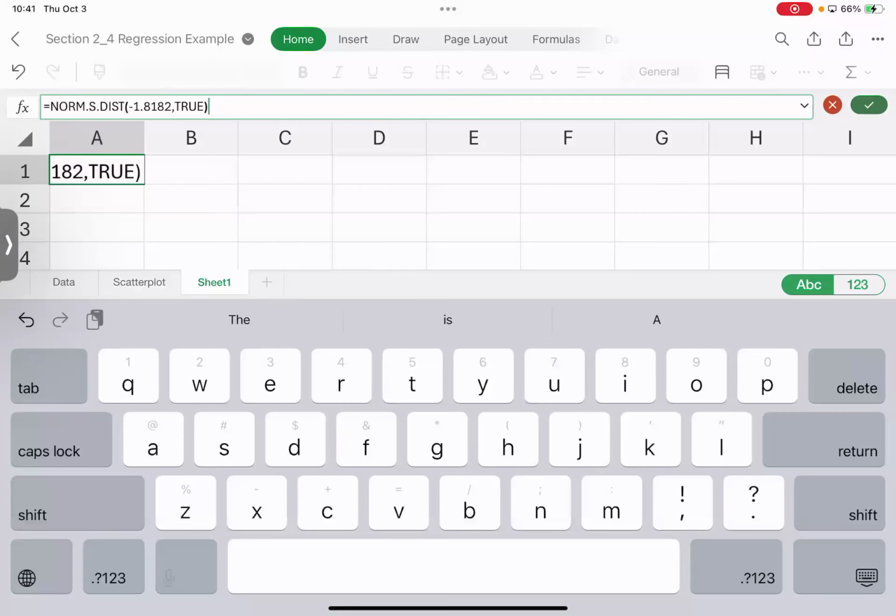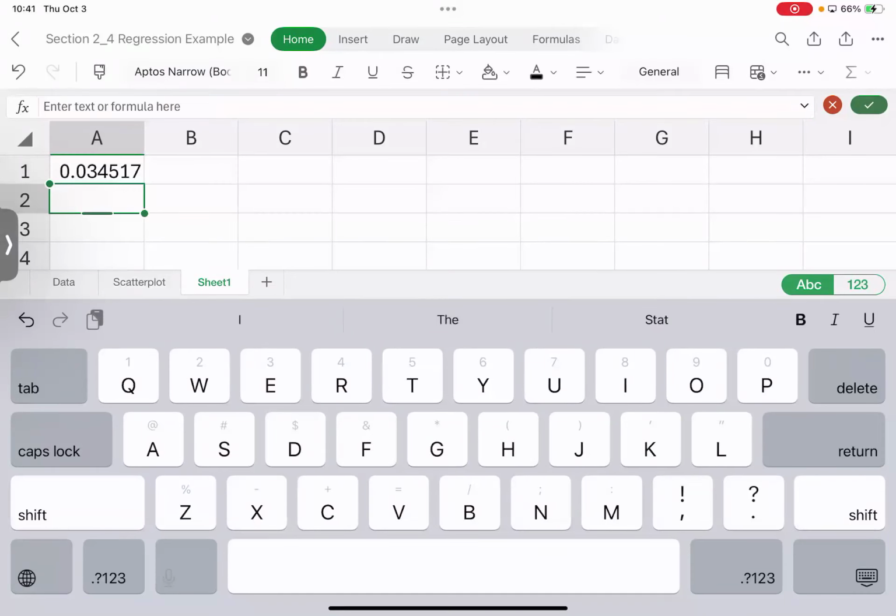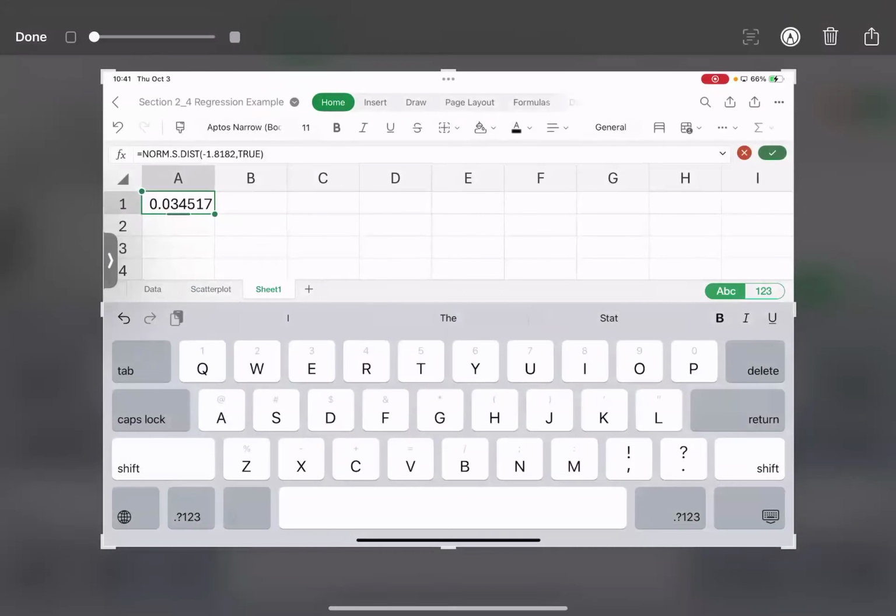That's okay. There we go. And that is the area to the left, because Excel only gives me the area to the left, and I wanted the area to the left of a negative number, so it is the area that I want. Is this between 2.5% and 5%? I think so. So that's good. So now I'm going to screenshot this so we can see. Oi, that's loud.